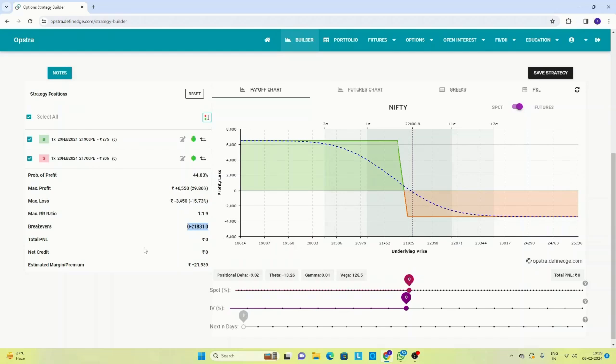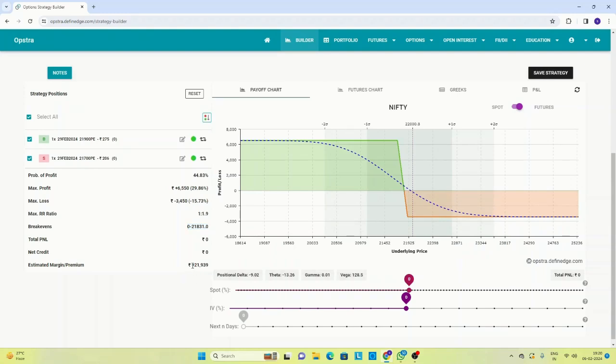So if the view goes right, where Nifty closes below 21,831, the maximum profit is 6,550 per lot. And if the view goes wrong, if Nifty closes above 21,831, then the maximum loss is 3,450 per lot, right?